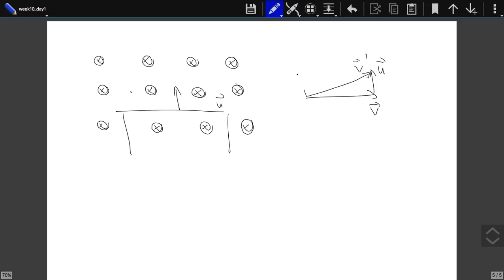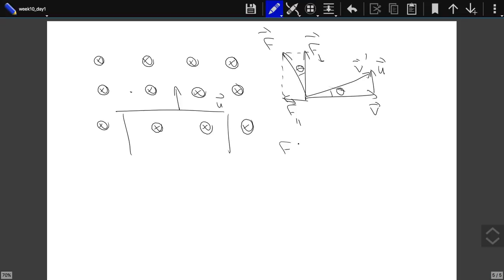So this will be their total velocity, and this will be the total force that they will be feeling, which has a component perpendicular to v, and another component parallel to v. And let's call this angle theta. This angle will also be theta.